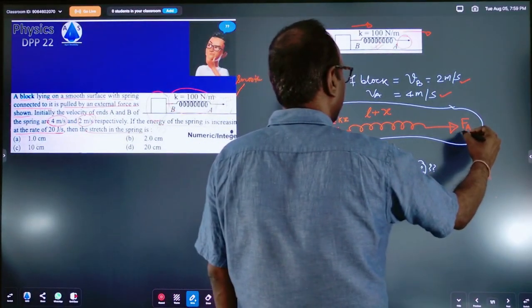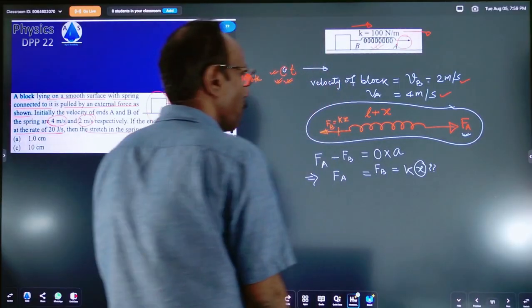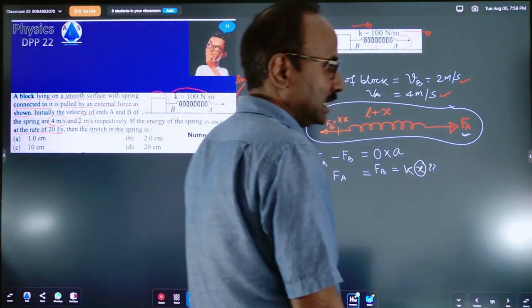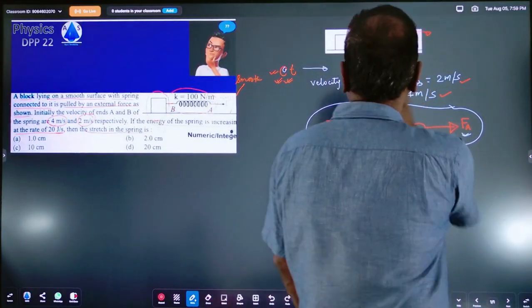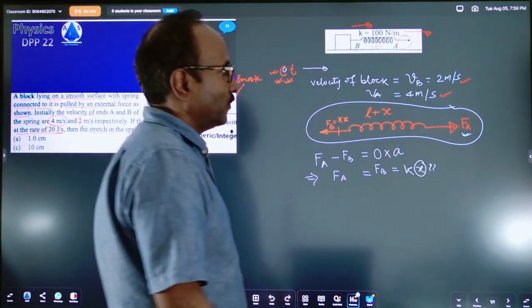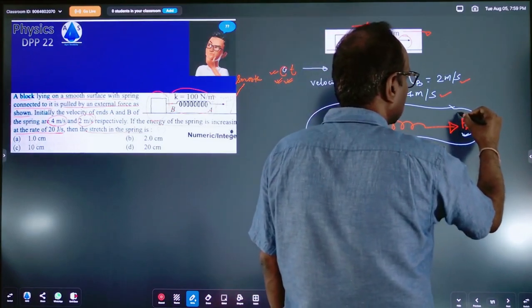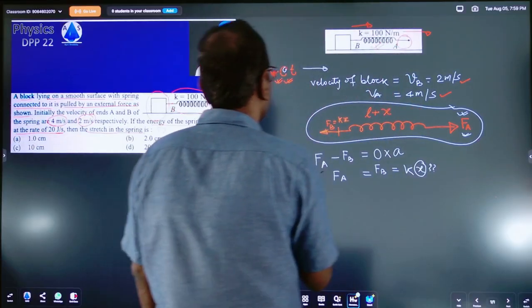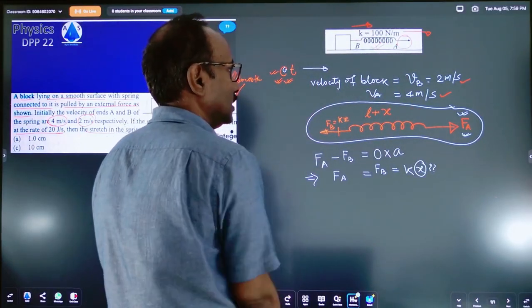The external force is FA, and this force is delivering power to the spring and block system.